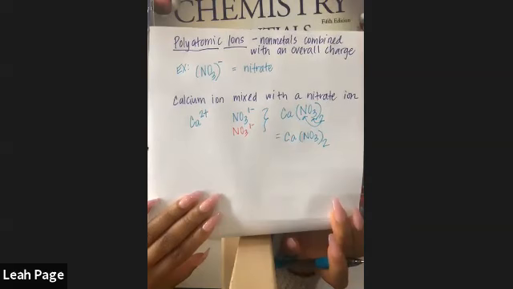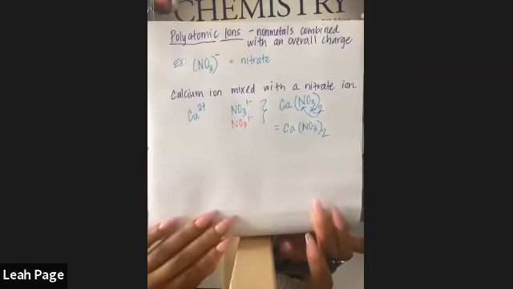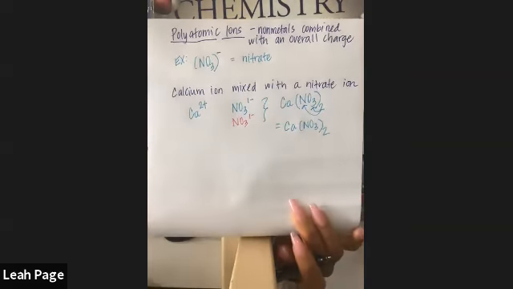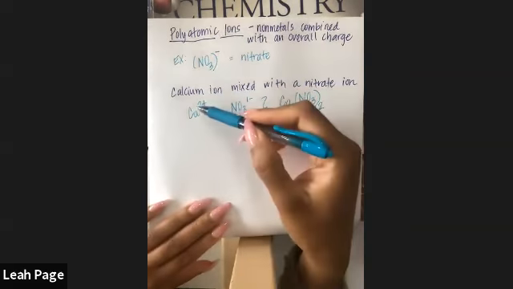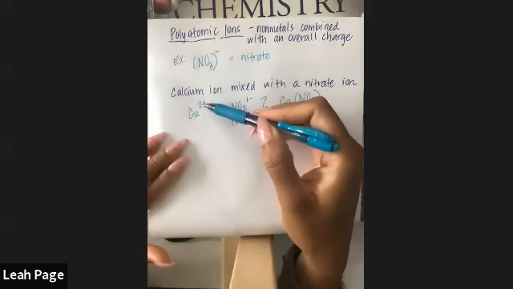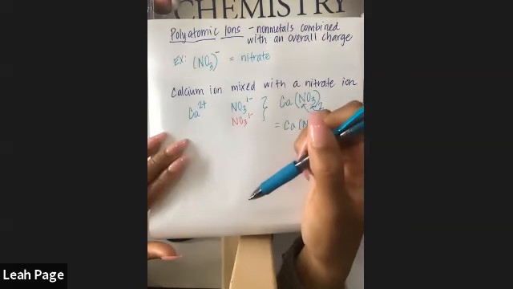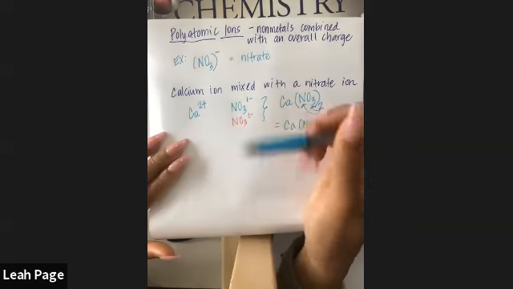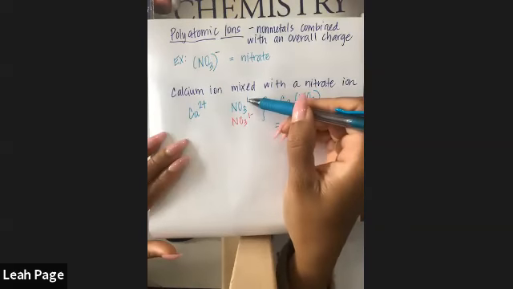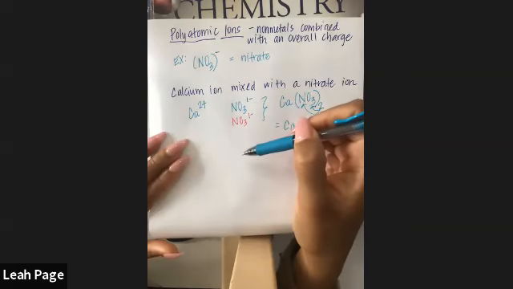Okay, so for calcium, we're still applying that 2 over to calcium, right? Remember, this 2+ means that calcium's missing 2 electrons, and this 1- means that nitrate has an extra electron.